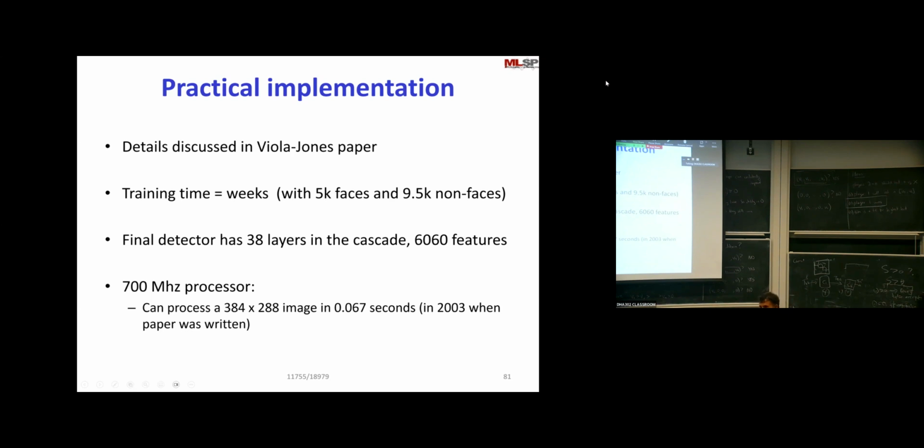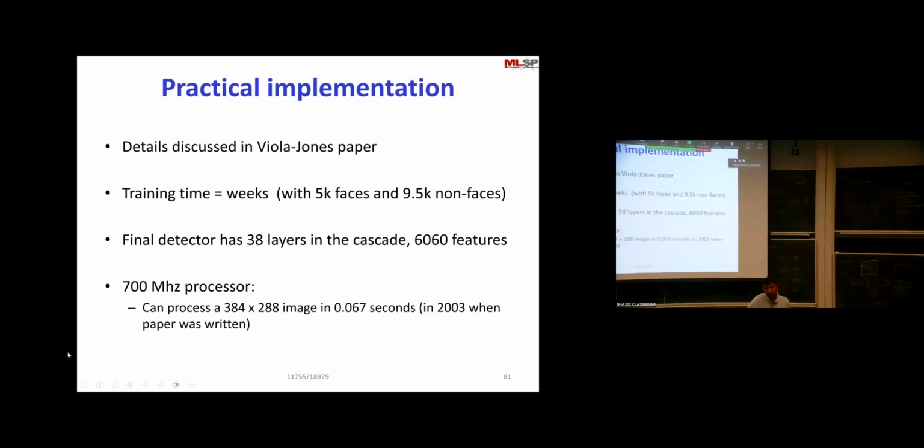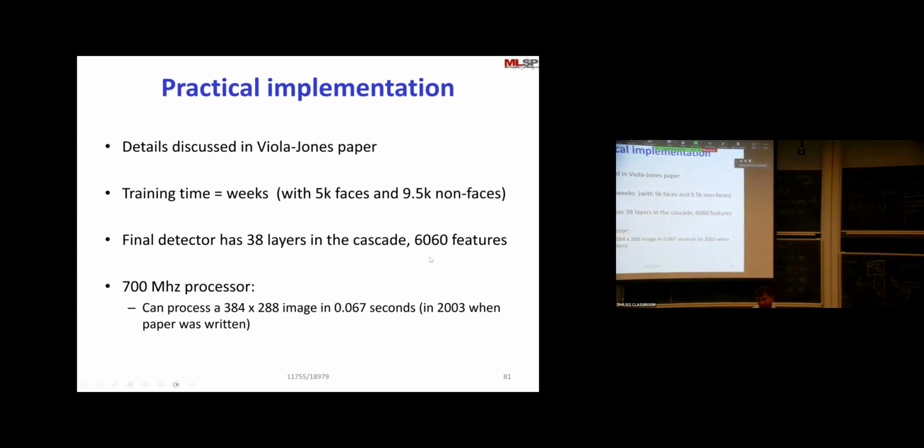So, I know, but their final detector had 38 layers in the cascade, 6,060 features, which means that of the 180,000 potential features, they're only using 6,060 across the entire cascade. And moreover, most of those features are not even going to be computed because they're later in the cascade.